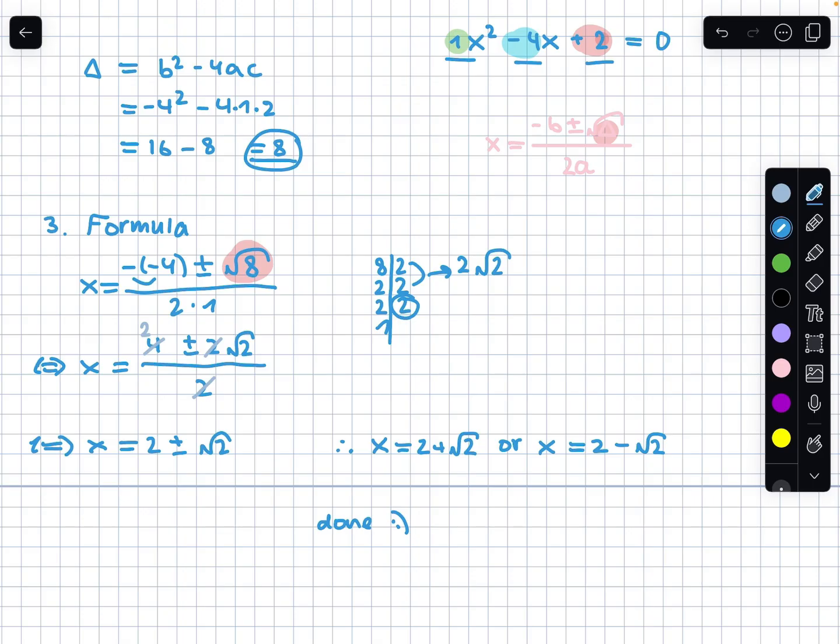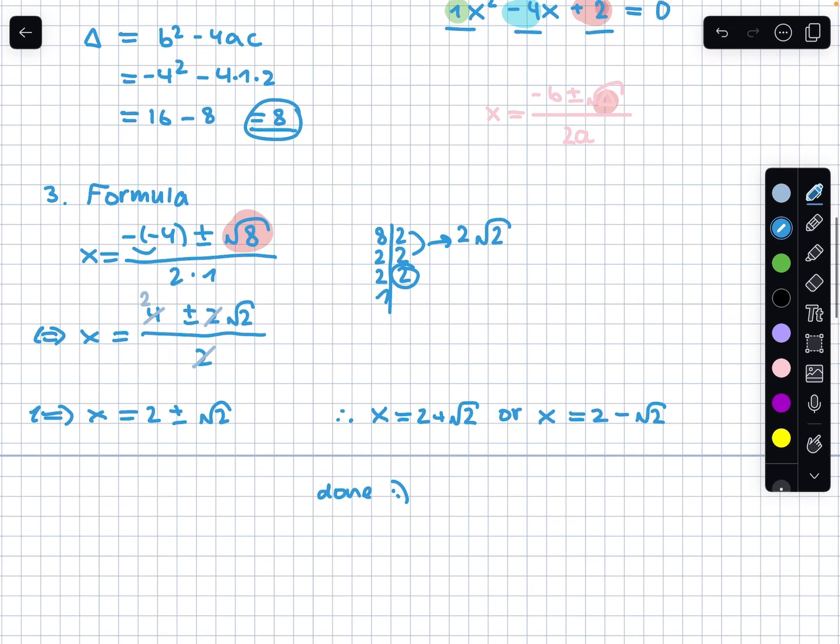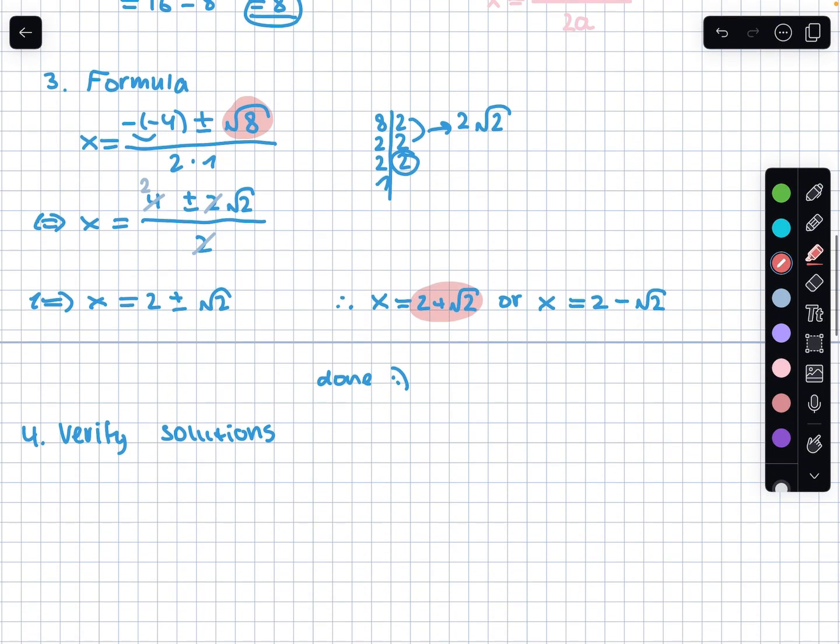Now, there's actually a final and purely optional step that you can do, which is verify your solutions. So this is quite a simple step, and it just involves doing a bit of calculations. So let me show you, for example, on the first solution that we got, 2 plus square root of 2.